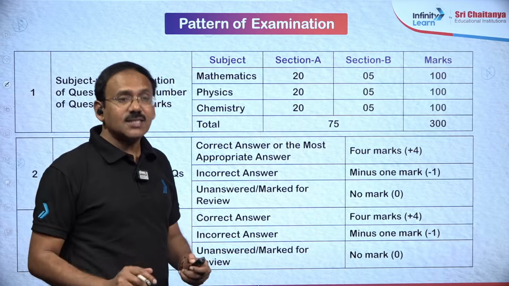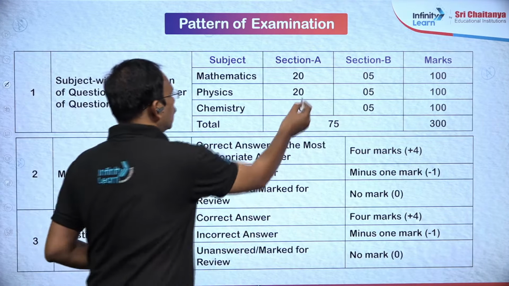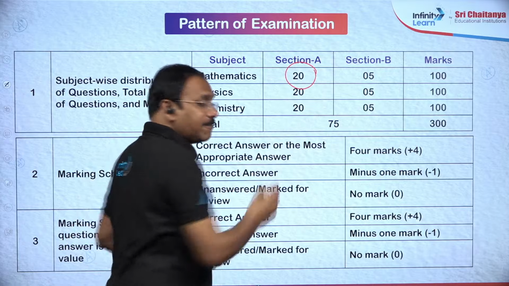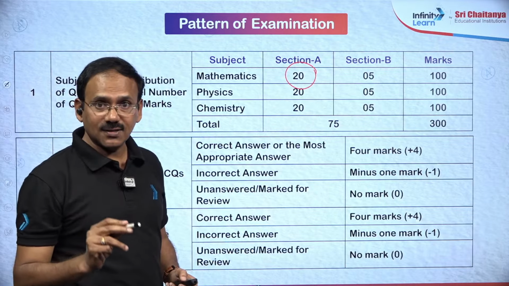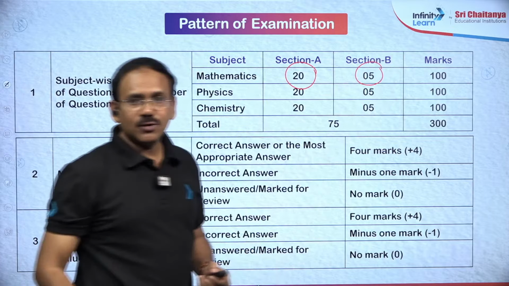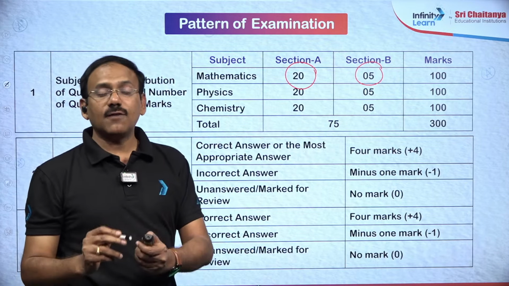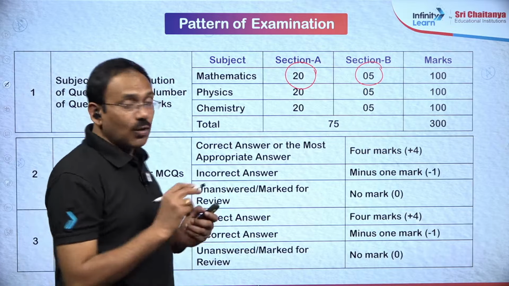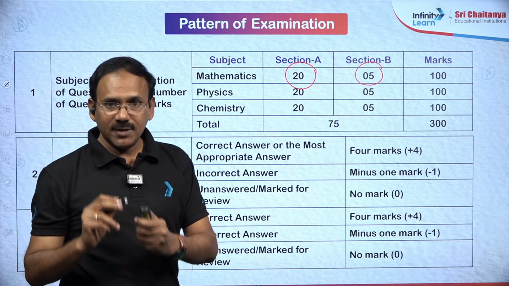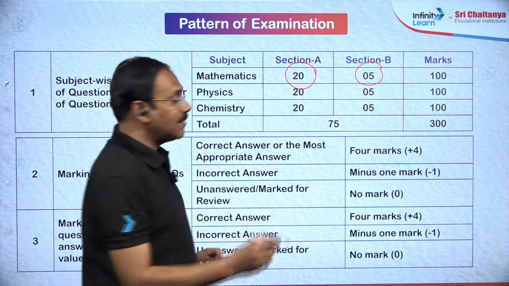In each subject you will be given only 25 questions: 20 multiple choice questions with a single correct answer, and 5 numerical answer type questions. Sometimes the answer may not be an integer, and you have to round off to the nearest integer. So 25 questions for each subject will be given, and each question carries +4 and -1.